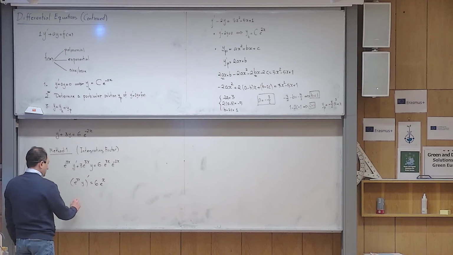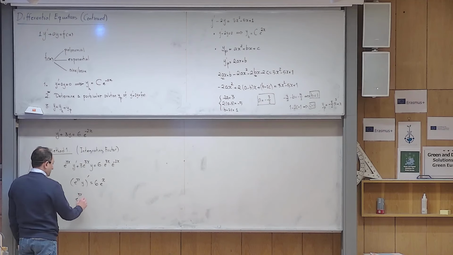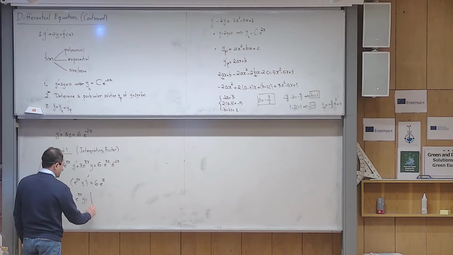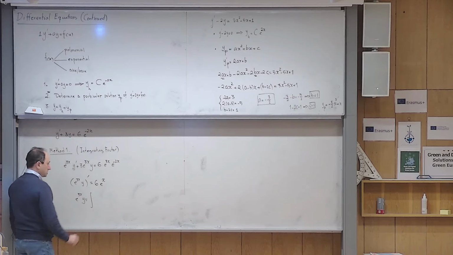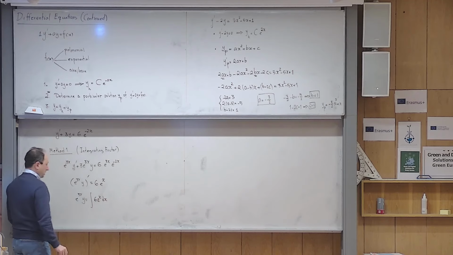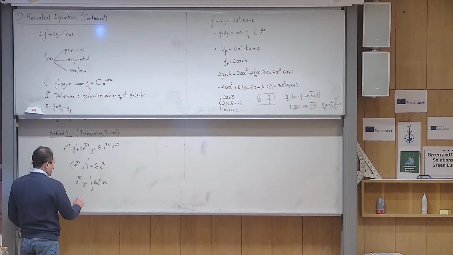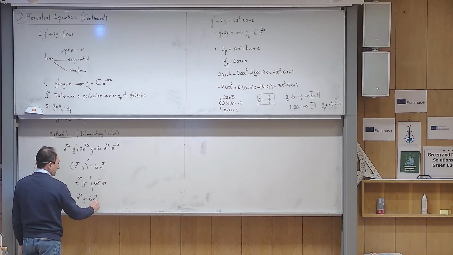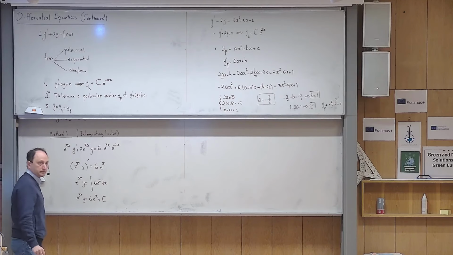So I ask myself, what is this? Let me write all the details. Do you remember we introduced this symbol for primitive functions? So this becomes the integral of e to the power of x dx. But that's an extremely simple problem. What are all the primitive functions of that? 6 goes out, the function repeats itself, and then you have a constant c here.